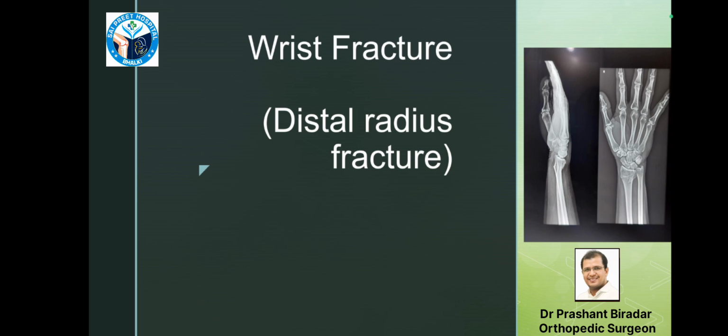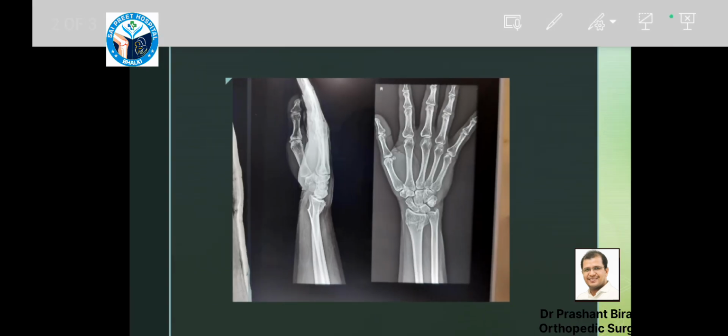So here you can see the radius and ulna fracture patient's X-ray. So this is the radius fracture. Here you can see this is the radius and this is the ulna. This is an AP view. AP means anterior posterior view.